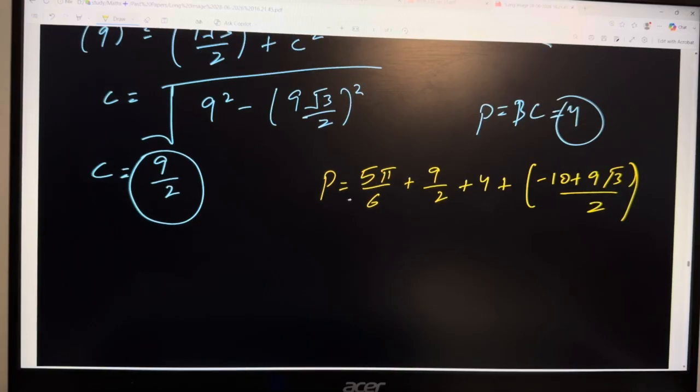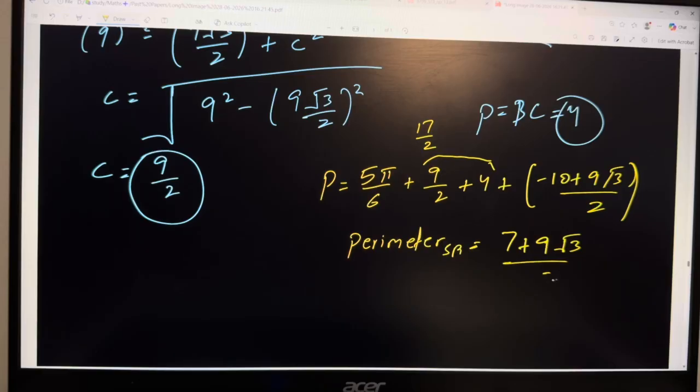If I try to solve this now, 4 plus 9 upon 2 is 17 upon 2, and adding with the other 17 upon 2, plus 9 under root 3 upon 2, I get that the perimeter of the shaded region is equal to 7 plus 9 under root 3 upon 2, and wait, that's not full, plus 5 pi by 6.